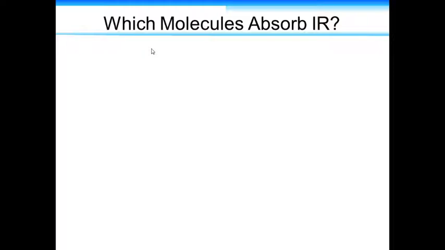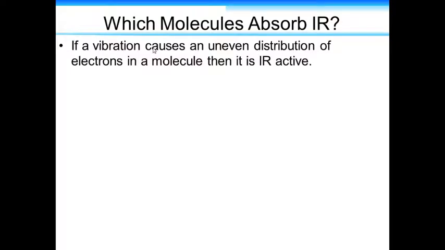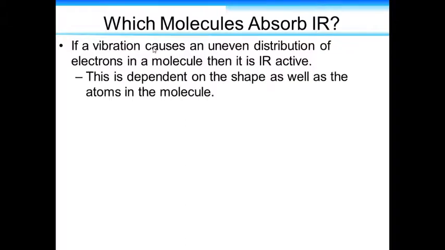We can, just by picturing how a molecule will stretch or bend and paying close attention to the distribution of electrons. If a stretch or bend causes an uneven distribution of electrons, then that molecule will be IR active. You'll have to know the shape as well as the atoms in the molecule to make this determination.